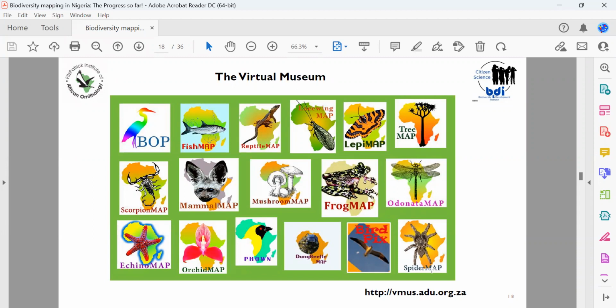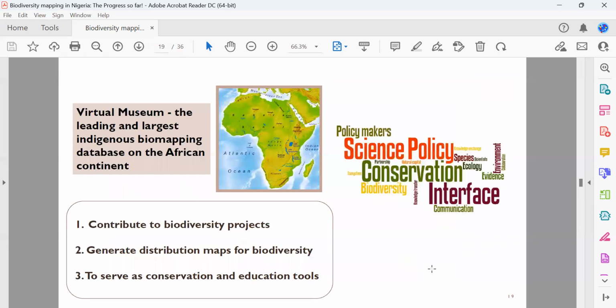So there are so many projects. The BOP, for instance, is Birds with Odd Plumage, like birds with aberration or albinism. Or FishMap, distribution map for fish, ReptileMap, distribution map for reptiles, LepiMap, TreeMap, SpiderMap, and BirdPIGS, distribution map for birds. So we'll take a look at some of these projects.